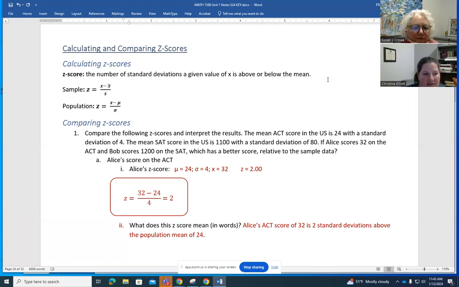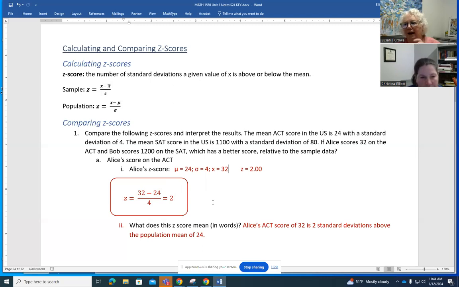For Alice's z-score, I use the mean and standard deviation for the ACT, which is 24 and 4. Her score is a 32. Using the z-score formula, 32 minus the mean of 24, divided by the standard deviation of 4, I get 2. So Alice's z-score is 2.